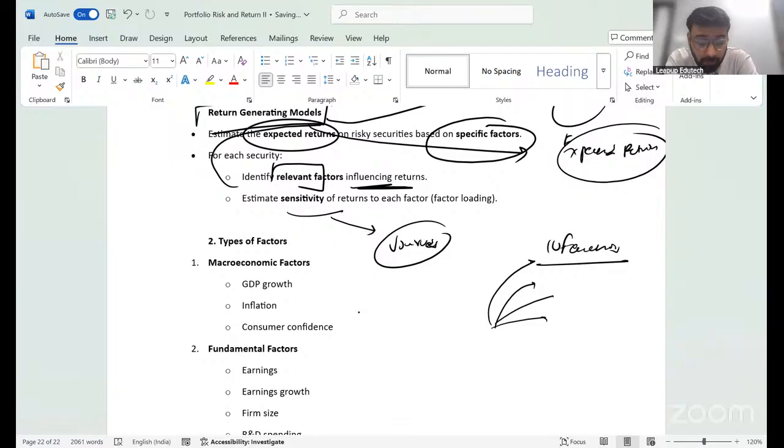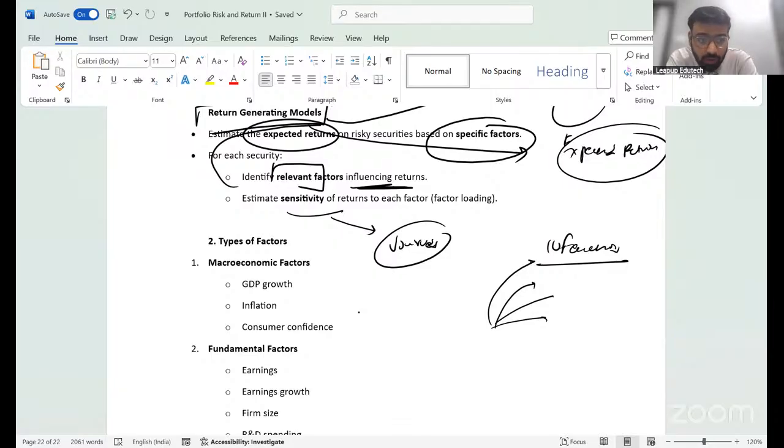This stock will be impacted by different macro factors. Okay, fine, consumer discretionary, I don't know if you guys understand or not. Let me just put it this way. My stock is an FMCG stock. An FMCG stock is not impacted by the economic movements. That means economic movements is one of the factors that will influence the return for my stock, but not massively. That means sensitivity to the factor called economic movements for my stock will be less.